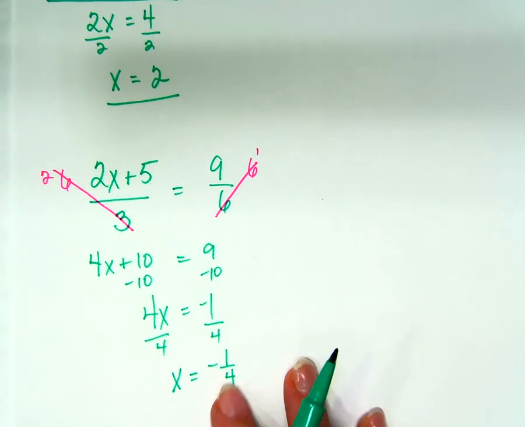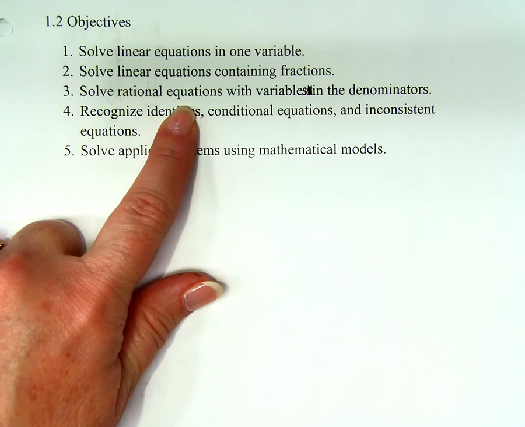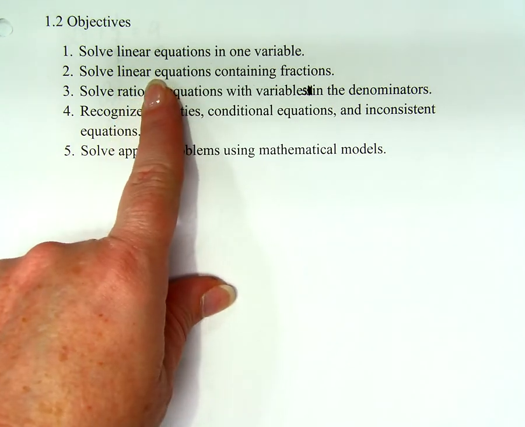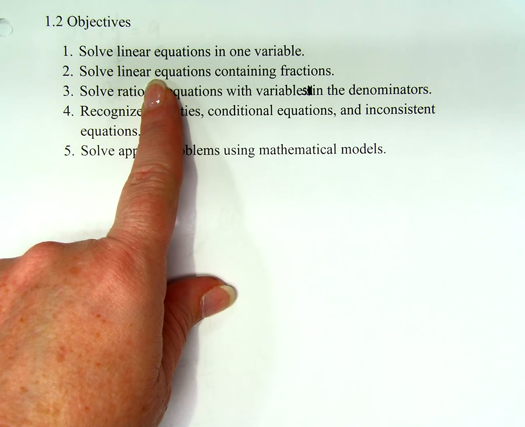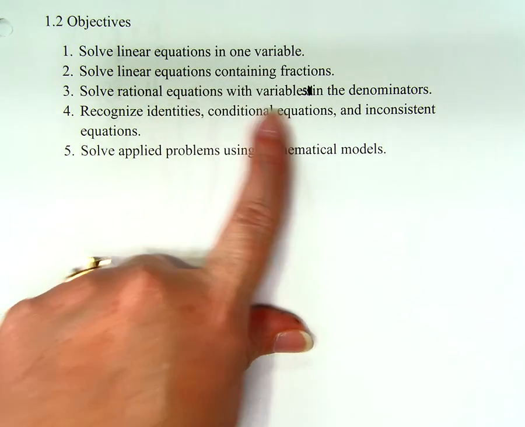Okay? Let's do an example of solving rational equations. What is a rational equation? What's a ratio? A fraction, right? So we're solving, again, fractional equations, except this time the variables are in the denominator. Okay?